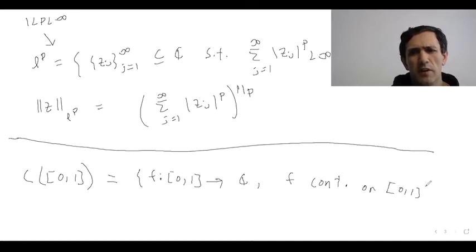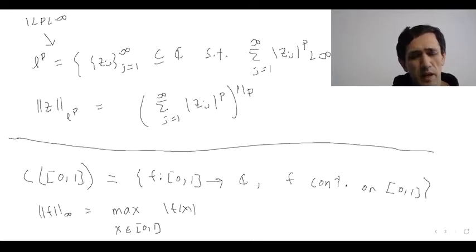And you give it the obvious sup norm. The infinity norm here is just going to be the max. And because f is continuous, the maximum exists. Right? And this is pretty trivial that this is a norm.